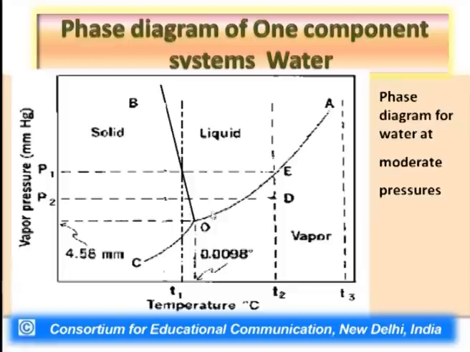There is no other point and therefore it is called the triple point, the unique point where 3 phases are in equilibrium. You cannot change temperature, you cannot change pressure. If you do so, then the 3 phases will not remain in equilibrium, rather the 3 phases will convert to 2 phase or 1 phase.